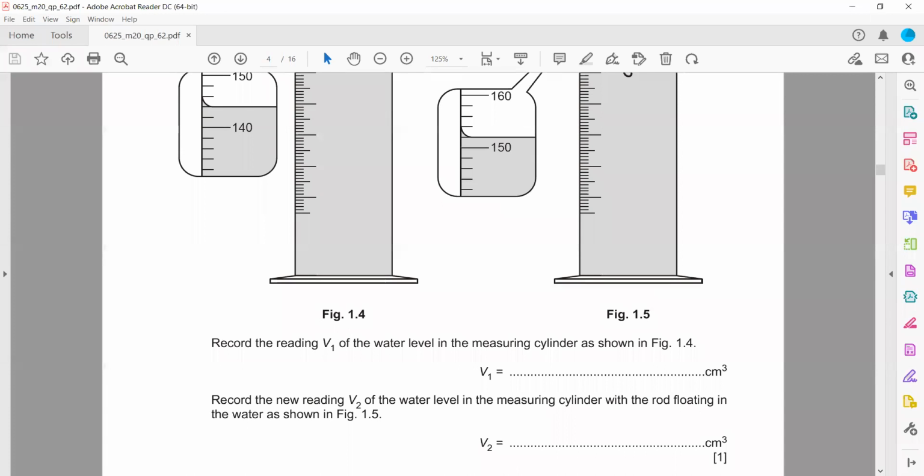What is the value of V1 and V2? You can use screen annotation to state the answer. So V1 is 144, that's right. What about V2? That's 152.